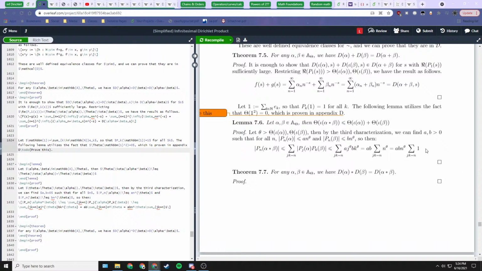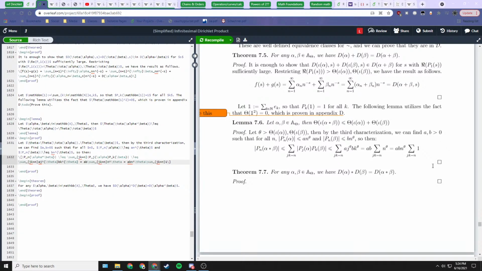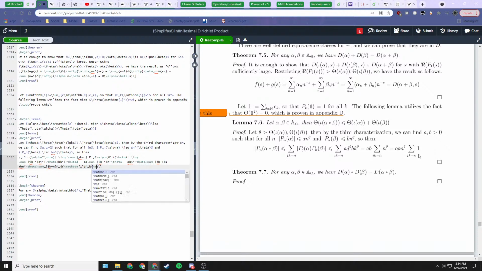Yeah. So anyway, once we get to here, so this is AB n power theta. So down here, once we get to this, we can consider this as actually being AB n power theta, and then this is P_J 1 times P_K 1, which is just AB n power theta times P sub n of 1 squared.